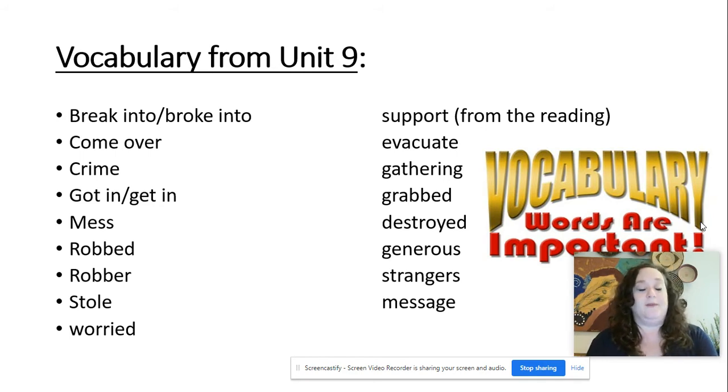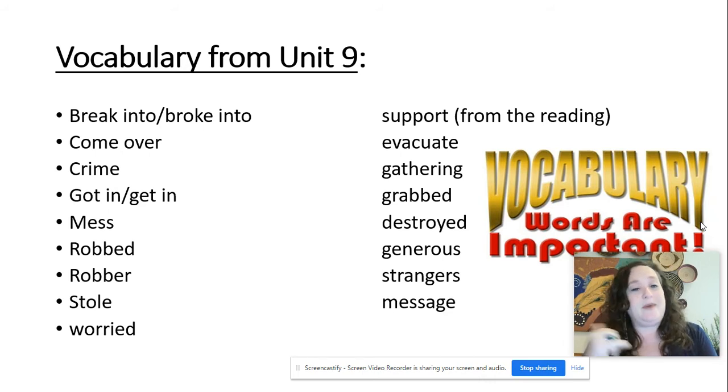Okay, the fourth one, we have 2 different tenses here. Got in and get in. Or let's say American style, got in, get in. Do you hear the T is softened again? So got in, what verb tense?